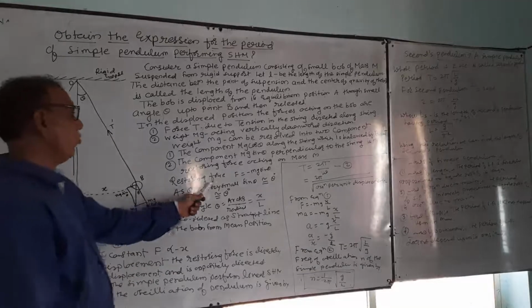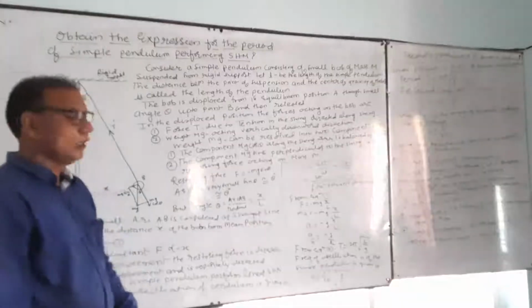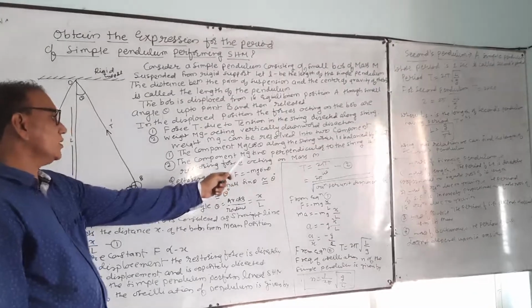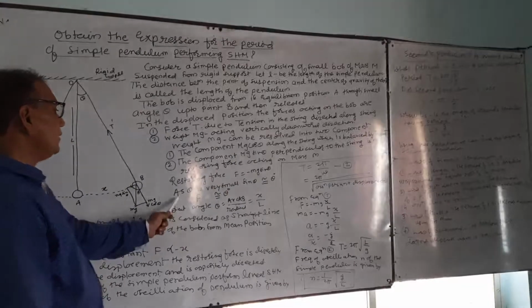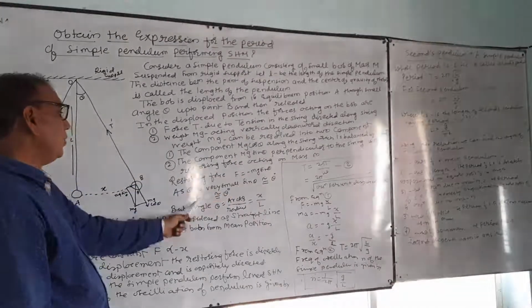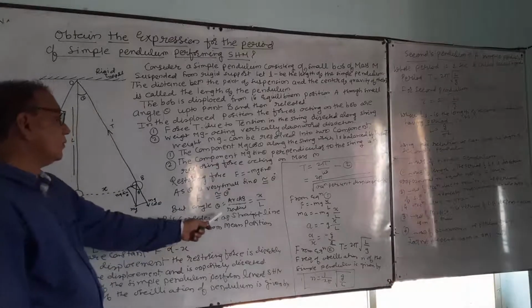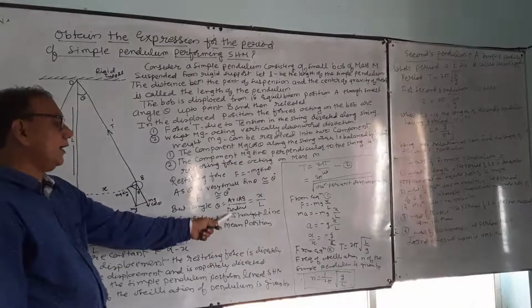Therefore the restoring force F is equal to minus mg sin theta. As theta is very small, sin theta is approximately theta. Therefore F is approximately minus mg theta, but angle theta is equal to arc AB divided by radius.